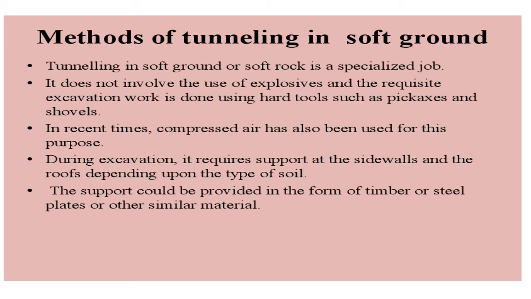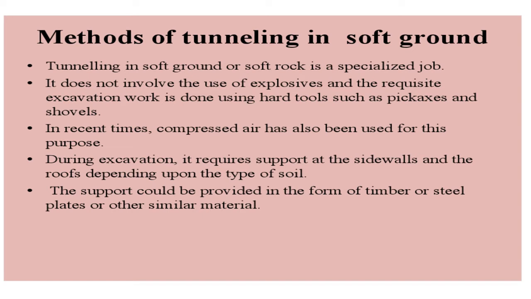The difference here is that during excavation, a support system is required for the side walls as well as the roof, as the soft soil can come in and collapse. Depending upon the soft ground, again, there are classifications for the soft ground. So depending upon the kind of soil, you have to provide timbering works for the roof as well as the side wall.